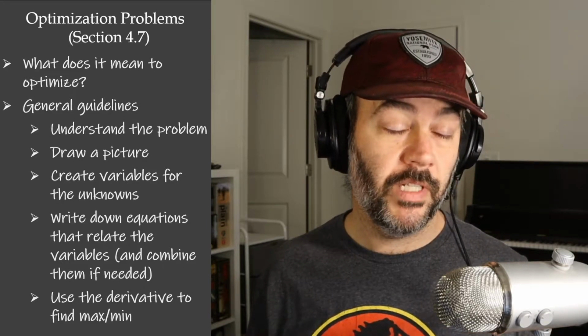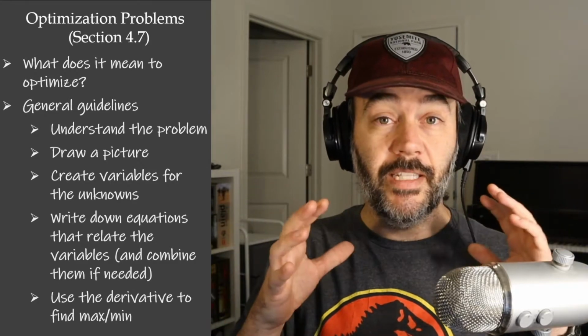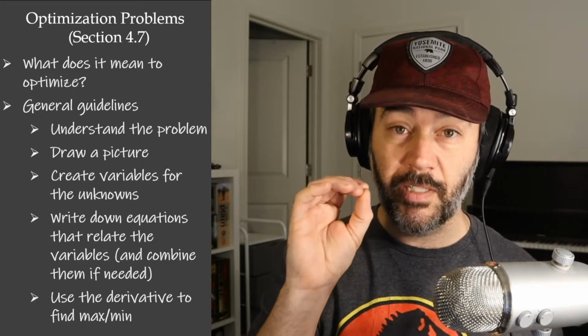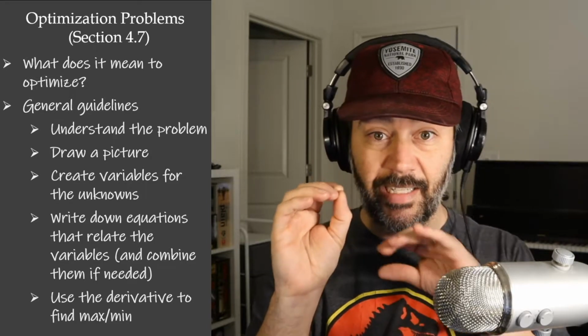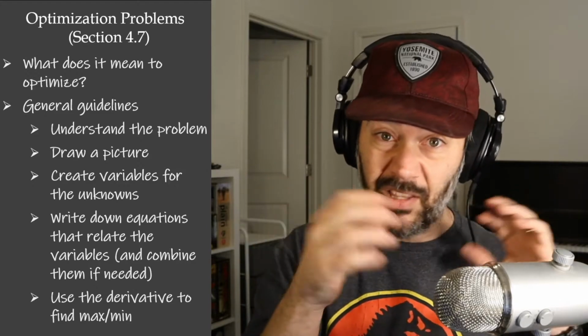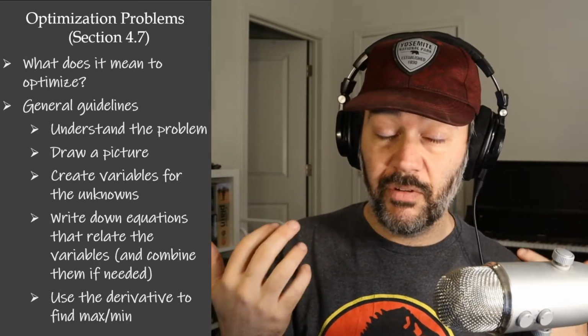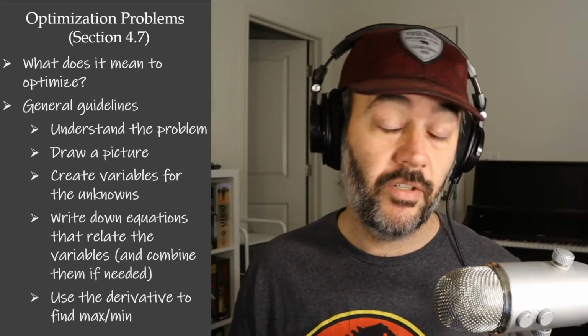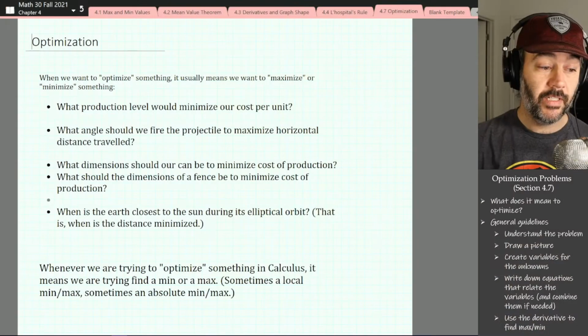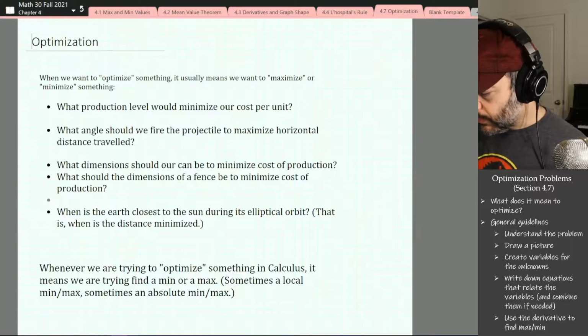Sometimes you need more than one equation. But we ultimately need to combine them into one function where the value we want to maximize is isolated and it's written equal to all the other stuff. And then we take the derivative of that and use the first derivative test or other test to find the max and min.